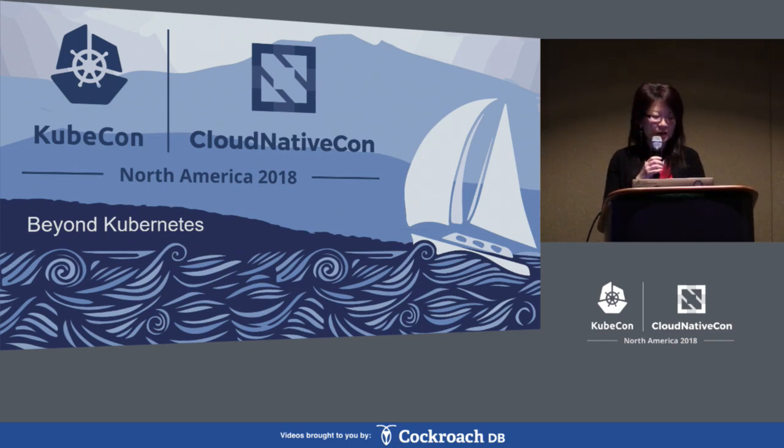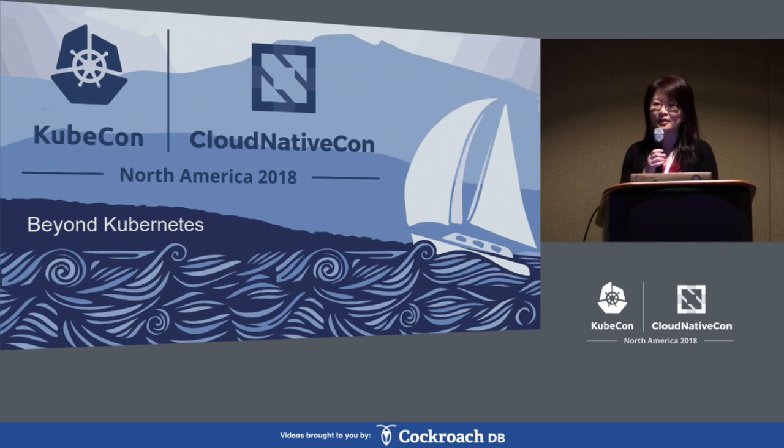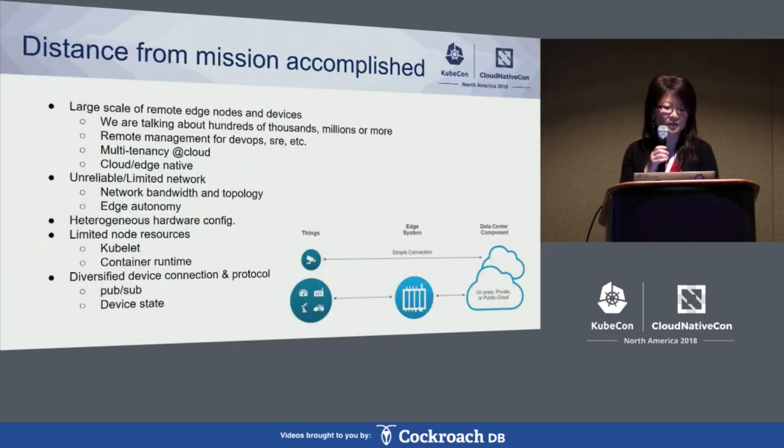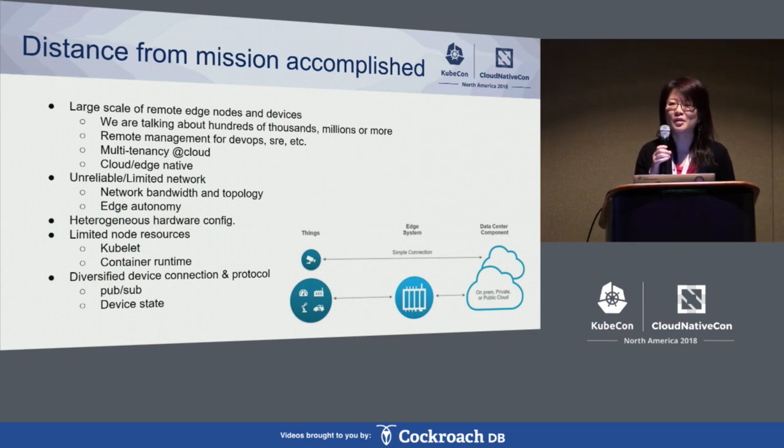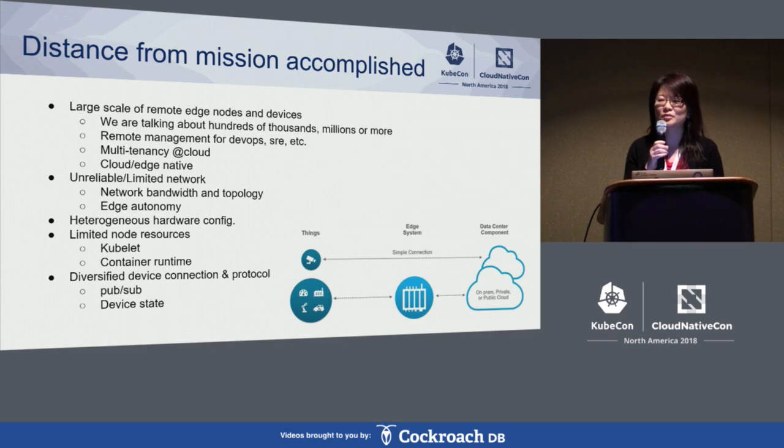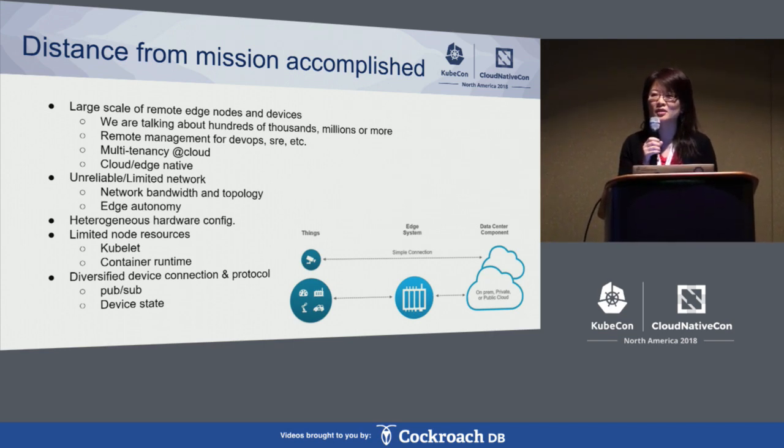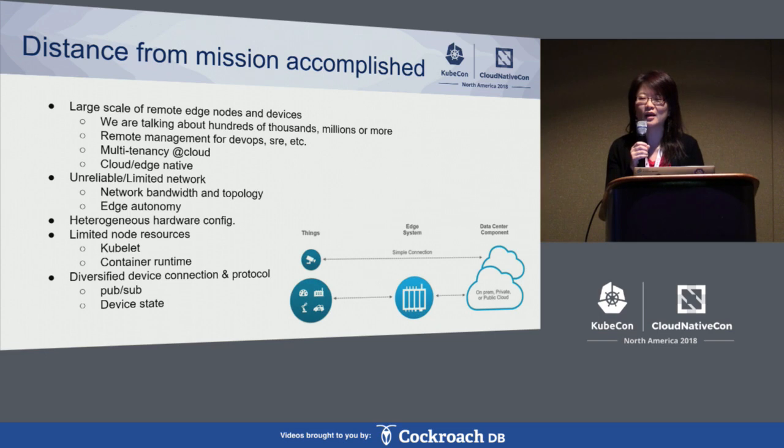So what I'm going to talk about next is what lies beyond Kubernetes. Are we already mission accomplished or not? If not, what's the distance? I think Kubernetes is a cluster resource management and application orchestration tool. Okay, it's an infrastructure and framework.